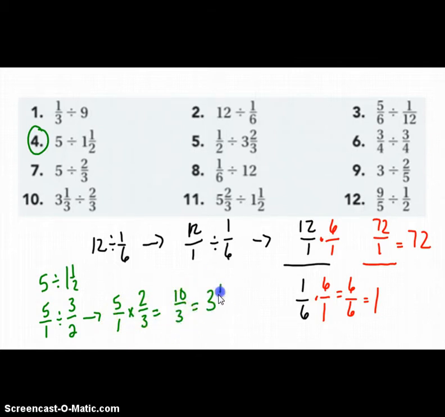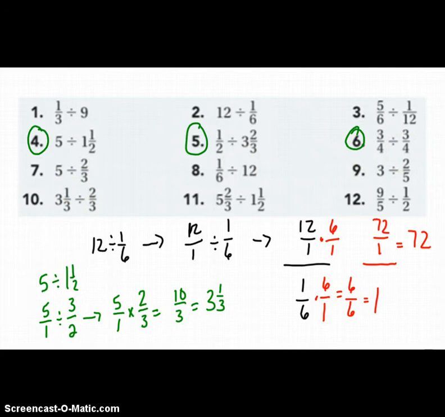All right, before coming to class tomorrow, I would like for you to finish problems 5 and 6. For problem 5, try the common denominator strategy. For problem 6, try the reciprocal strategy.